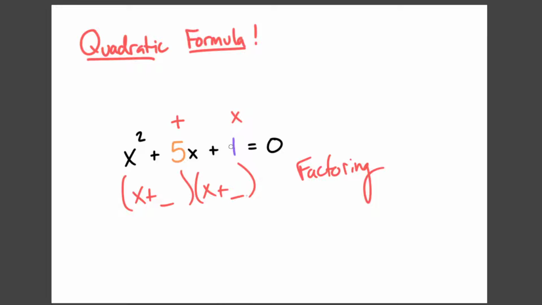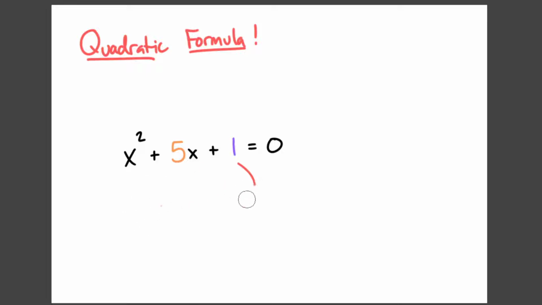The problem with this factoring, though, is that there are no integers that multiply to give me 1 and add to give me 5. So in this case, factoring has failed us and we can't use it. Goodbye, factoring forever. Bam.